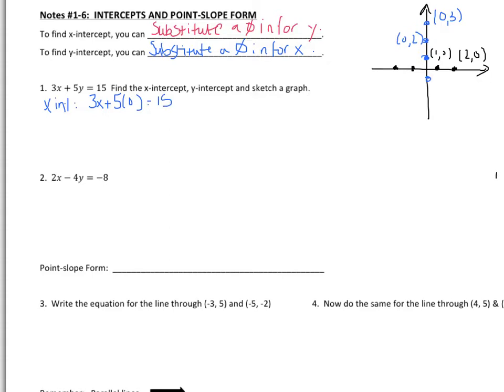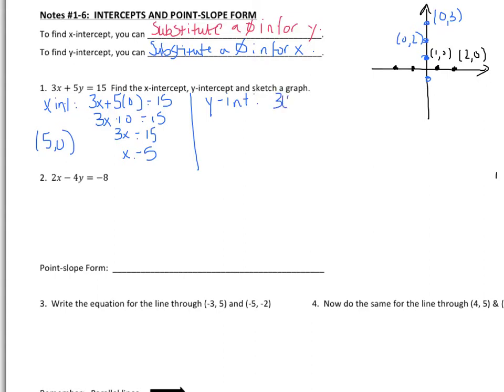So go ahead and solve it. 3x plus 0 equals 15. 3x equals 15, and x equals 5. So the x-intercept would be at 5, 0. Now let's look at the y-intercept. For the y-intercept, I'm going to take a 0 and plug it in for x.